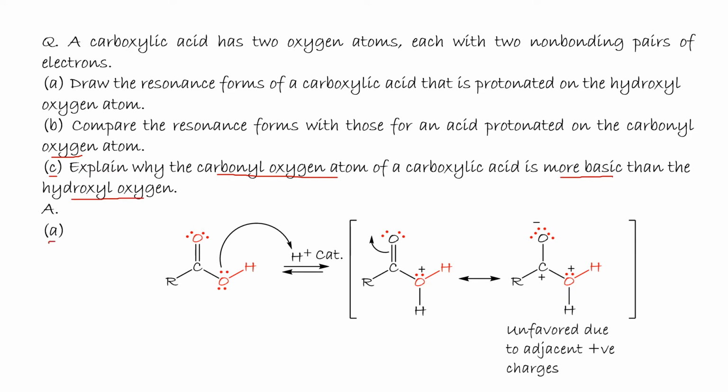Well, let us answer point A. Here we have the carboxyl group. We have two oxygens, each with two lone pairs of electrons. If this oxygen is protonated, we get this O+, and one more resonance structure where here is negative and here is positive.